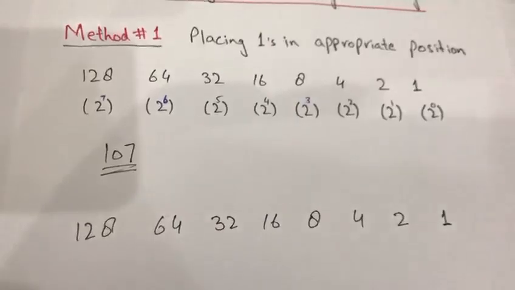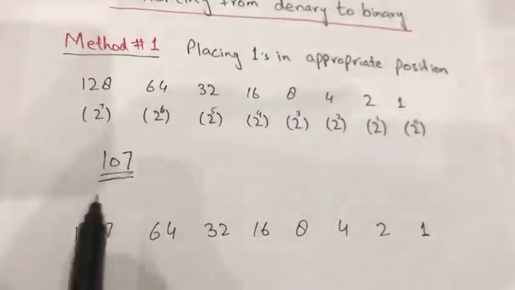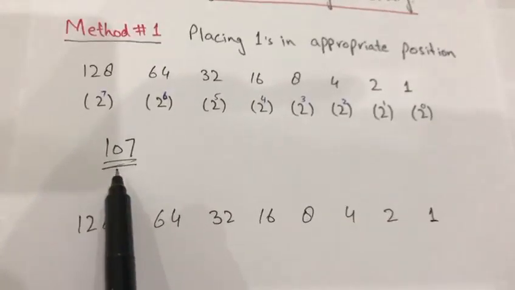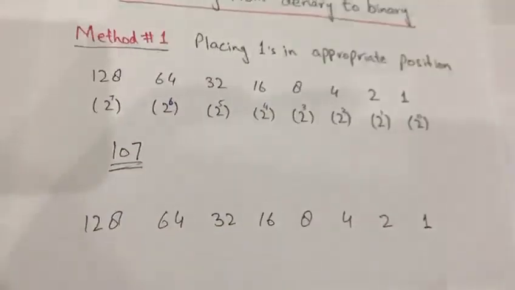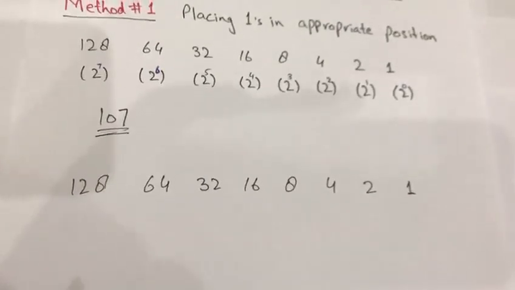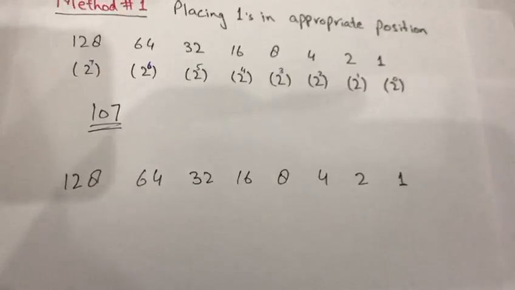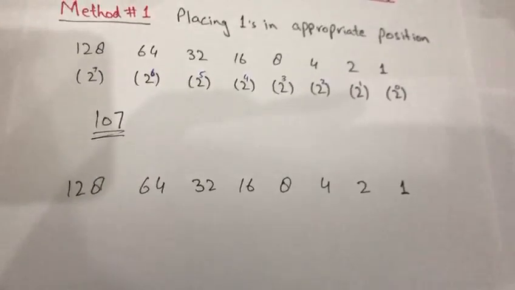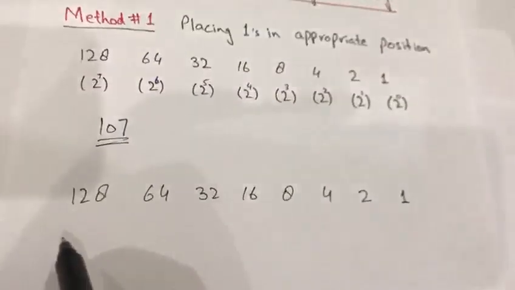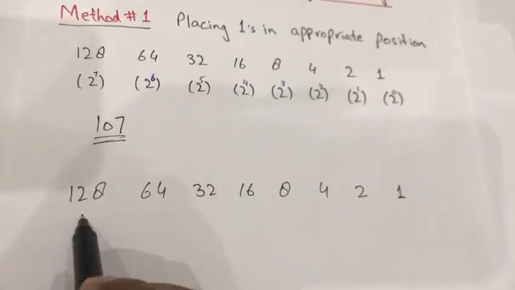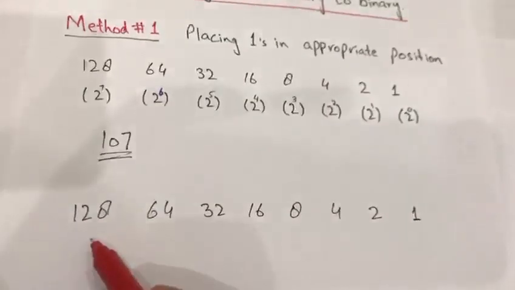Now we have to convert the value of 107. We have to turn bits on whose combination would make 107. If we take the bit 128 on, it will be more than 107.